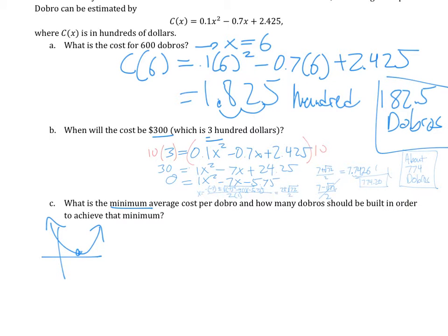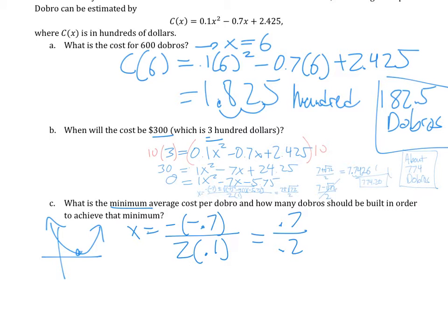So let's start with the axis of symmetry. x equals negative b over 2a. Negative b, which is negative 0.7, over 2 times a, which is 2 times 0.1, which is going to be 0.7 over 0.2.